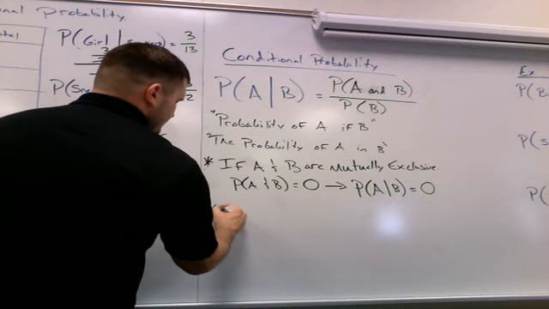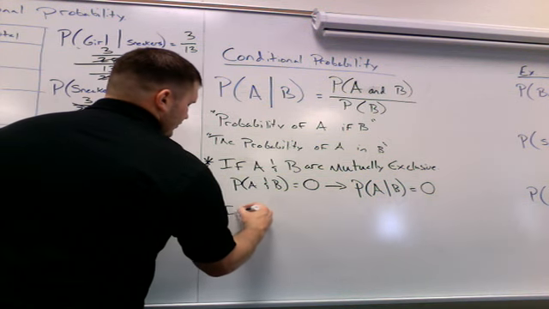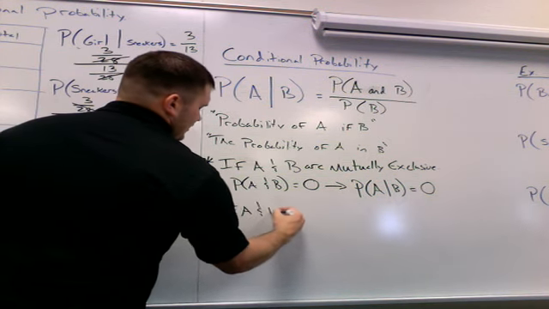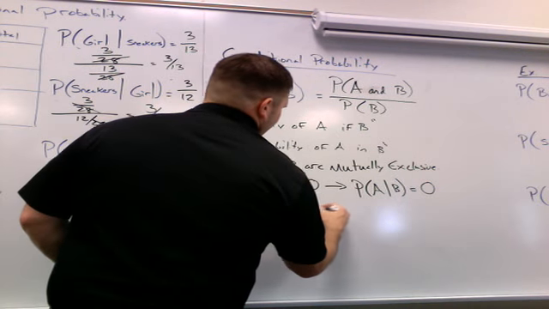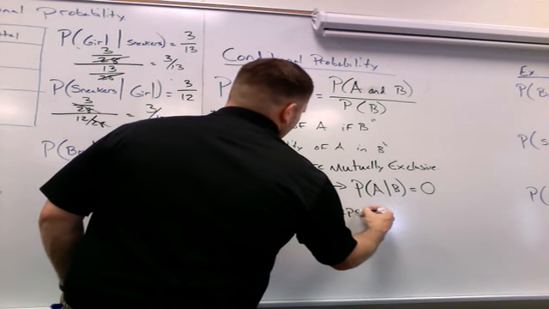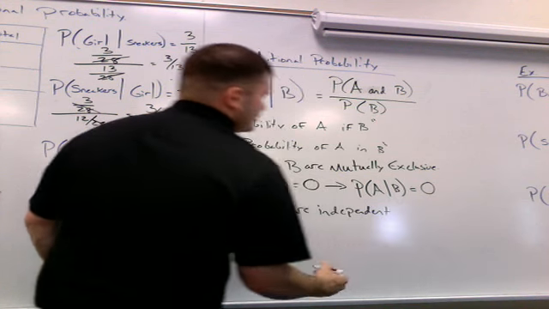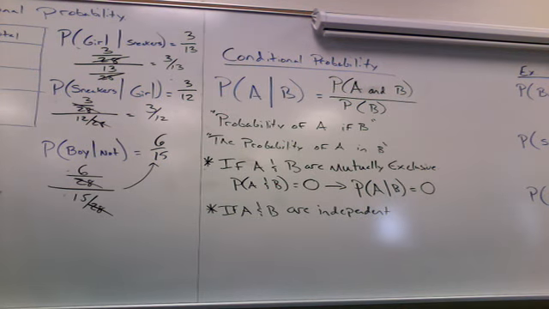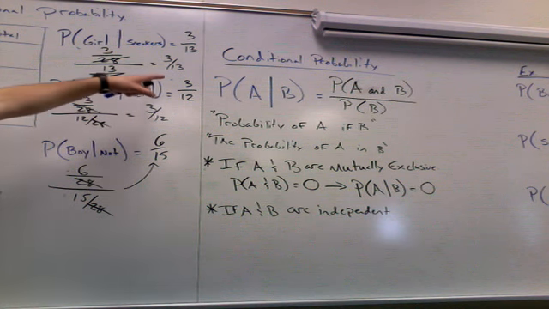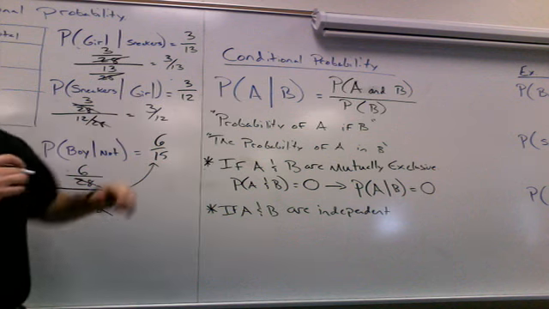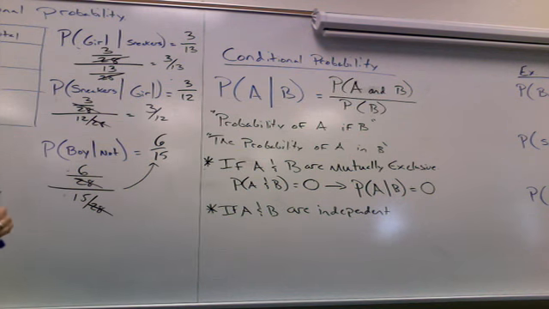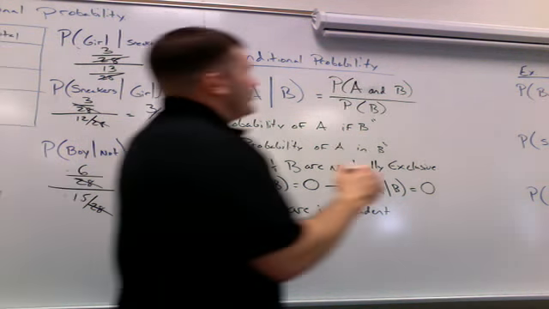Second cool thing, if A and B are independent. Now remember, independent and mutually exclusive are not opposites. Some of us have been thinking they're opposites. They're not. So if A and B are independent, then what happens to this? Quick little math.